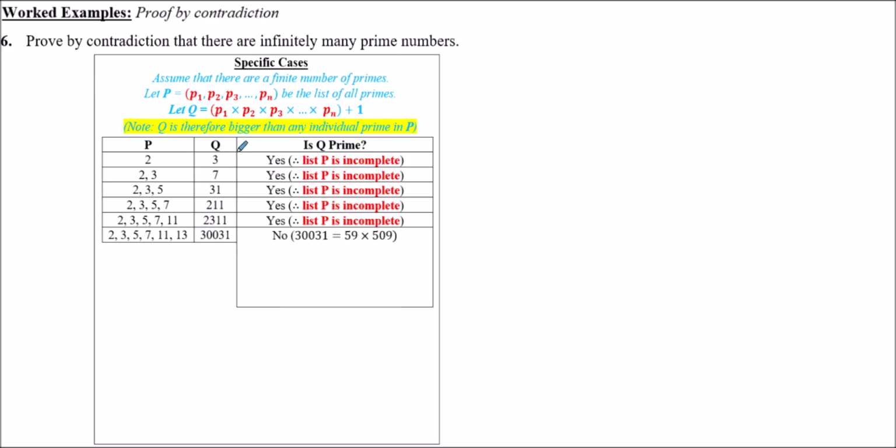So we had Q, which was 2 times 3 times 5 times 7 times 11 times 13. I'm going to write the prime numbers in red. So we had 2 times 3 times 5 times 7 times 11 times 13, and then we added 1 to it.